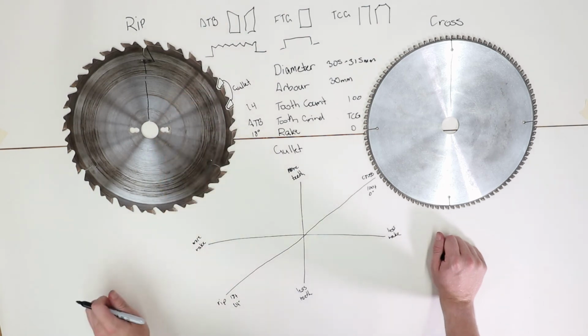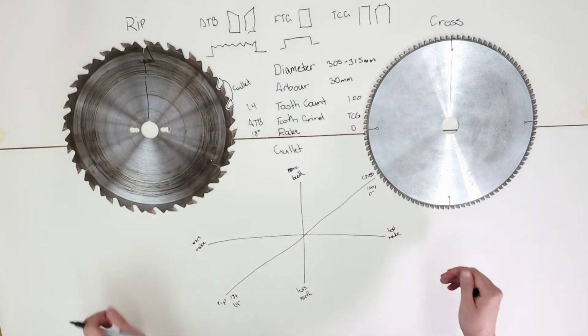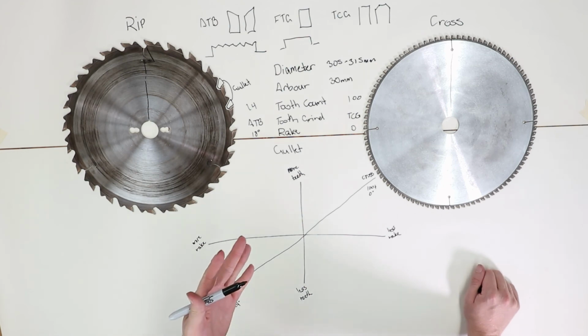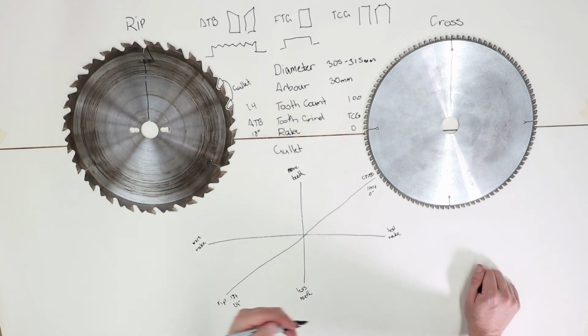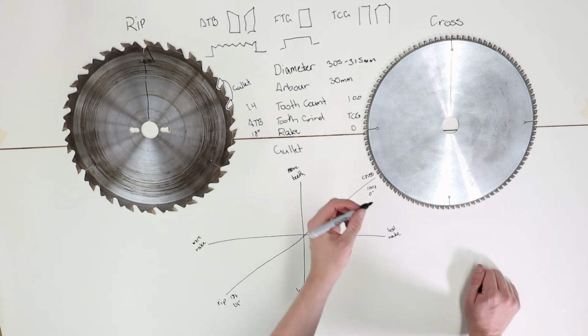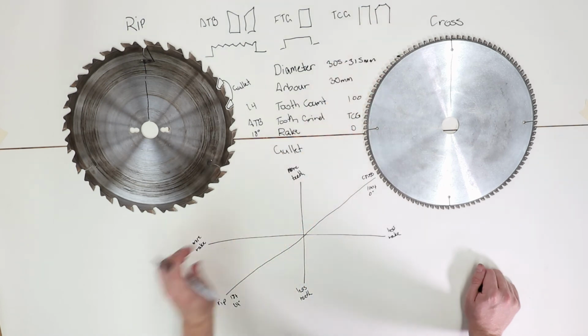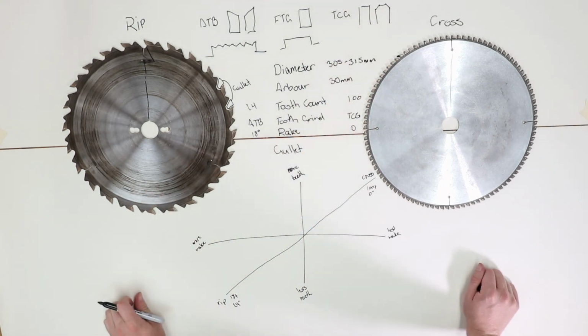That's the gullet. The gullet is where all the material goes when the tooth of the blade comes in and clears it out. So if you have a bigger gullet, you can remove more material. It means that the blade can go faster. Blade like this, I can't even get my pen in there, tiny gullet. So that's going to be a slow blade, that's going to be a fast blade.